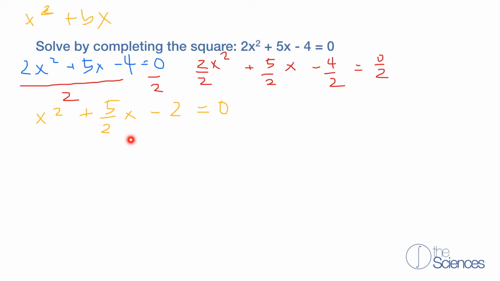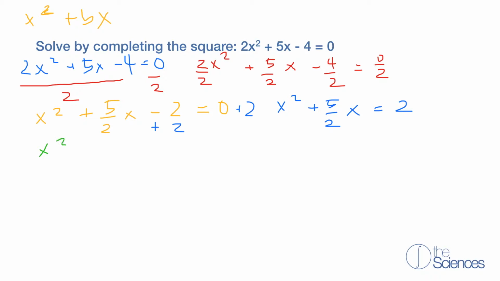Now, to have our equation in this format, we're going to add 2 to both sides. So now we get x squared plus 5 over 2x equals 2.